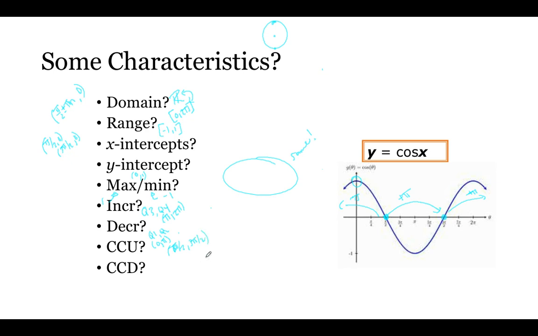And then it's concave down, in this case, from 0 to pi over 2, and again from 3 pi over 2 to 2 pi. And then that would repeat, right? This keeps going with that cycle. That was a terrible drawing. Which means that in this case, I have a point of inflection at pi over 2 and at 3 pi over 2.